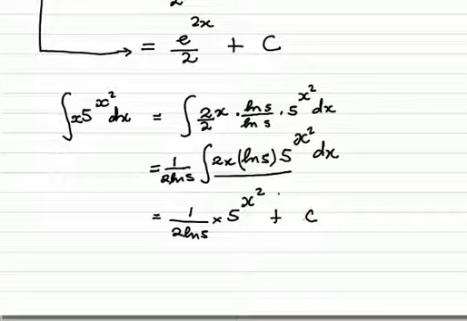And then we can simplify this and write 5 to the power x squared over 2 ln of 5, plus c.